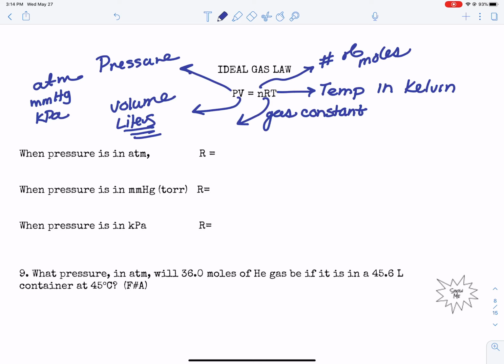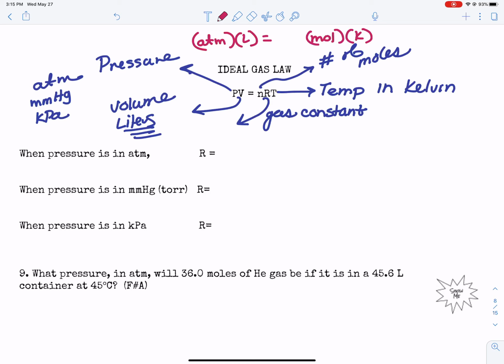So now let's talk about this weird thing called the gas constant, this R. If you think about a formula, both sides of the equal sign need to be equal, including the units. And so if you just look at the things that we have units for, pressure might be in atm, volume might be in liters, n would be in number of moles, and temperature would be in Kelvin. So those units are not the same on both sides.